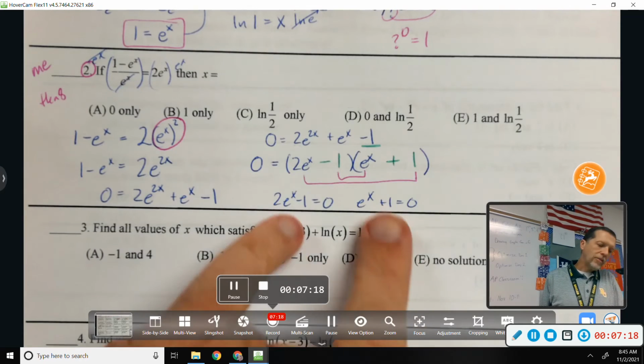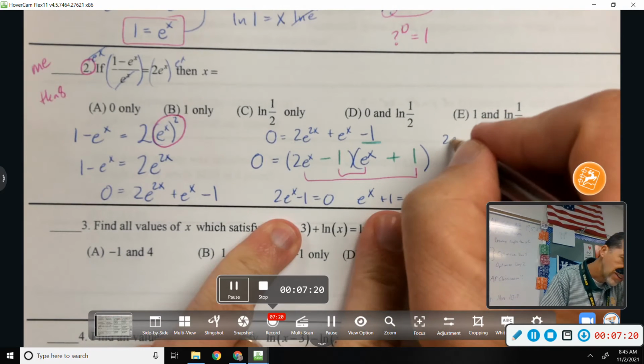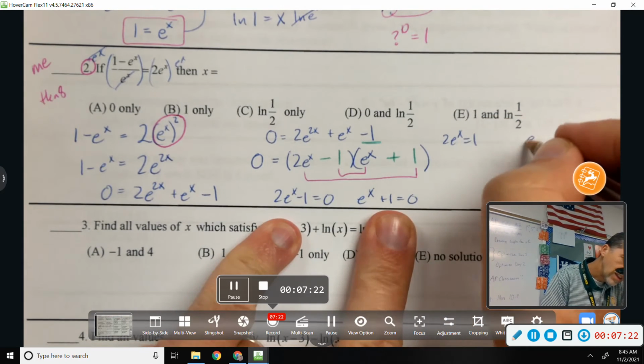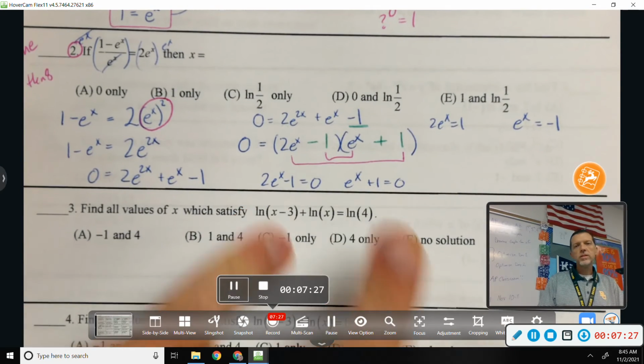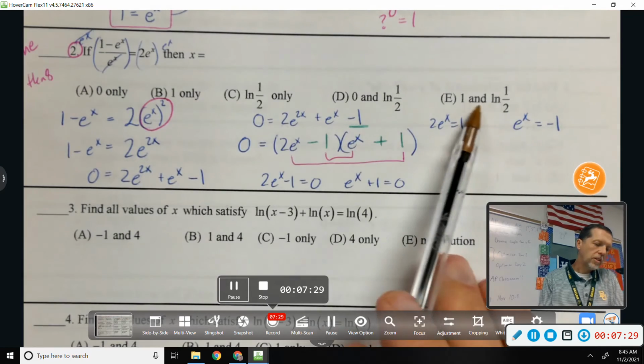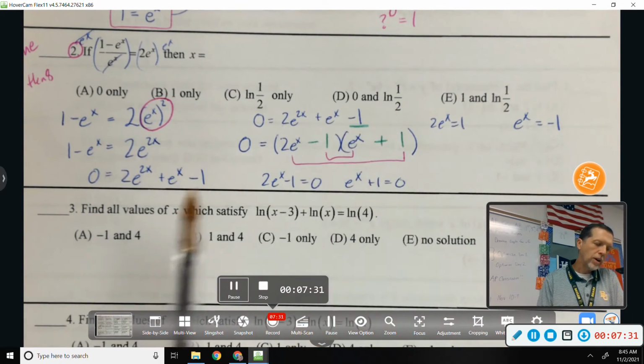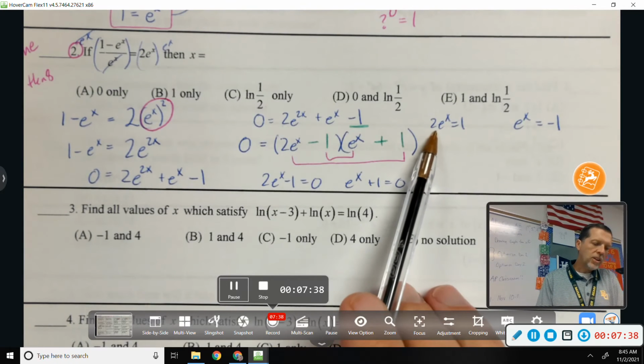So now I have 2 equations to solve. I'm starting to think it'll be one of the ones with 2 answers, but we'll see. Do you have to natural log? I will log both sides, but not yet.